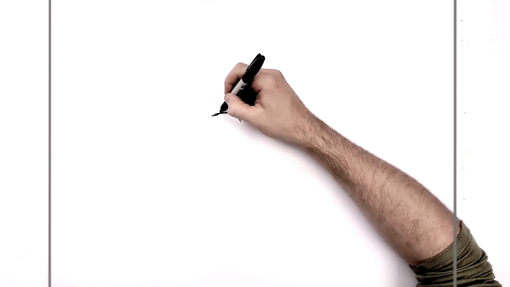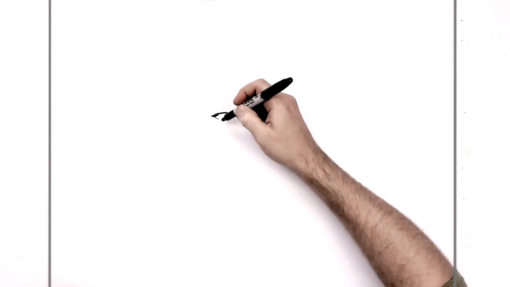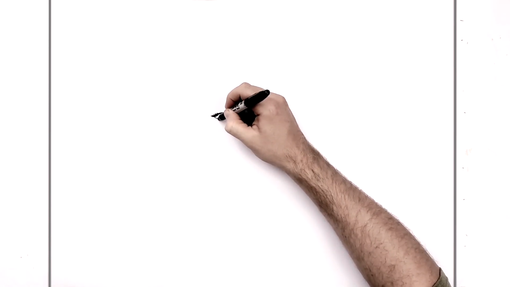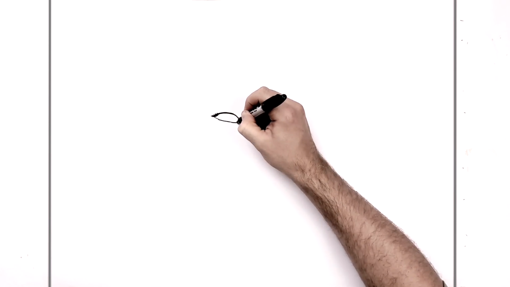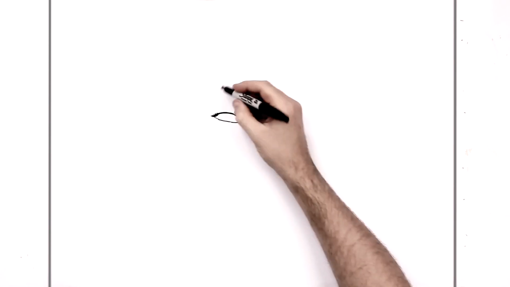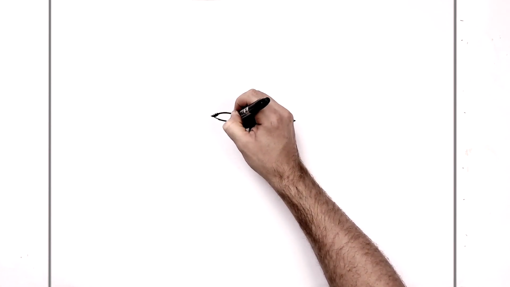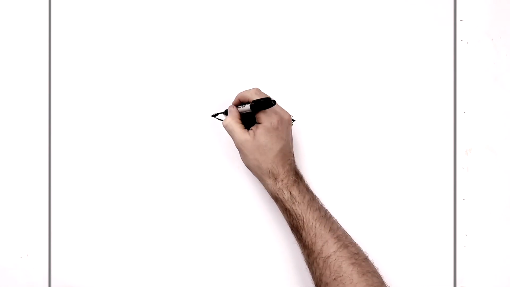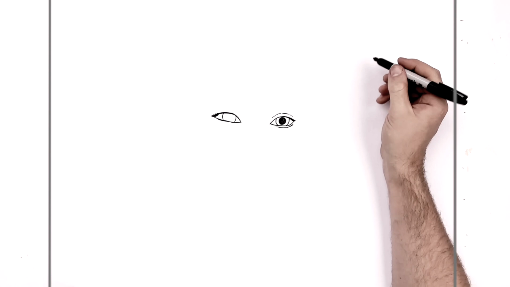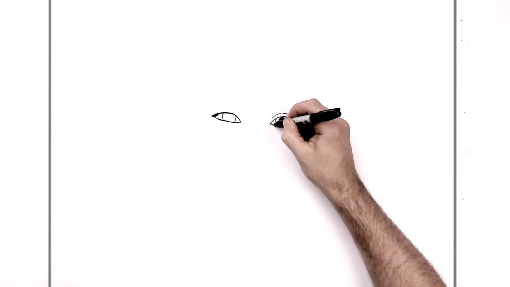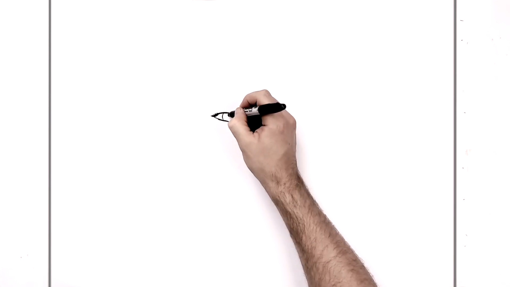And then we'll go across, slender sort of eyes. Like so, and then iris inside. And pupil.